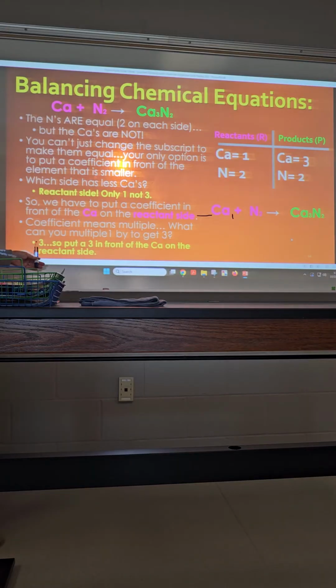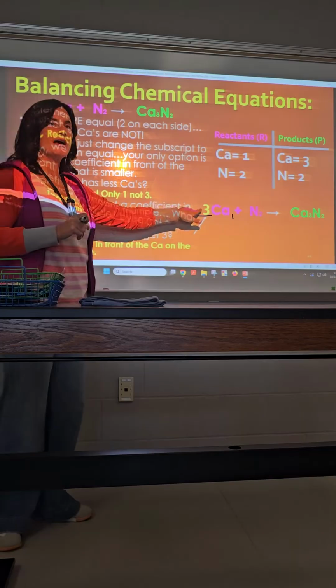So put a 3 in front of the calcium on the reactant side. Okay, so that's on slide 41. So you're doing this on your paper. Everything that I have, I think you have that equation. Yep. You have the equation kind of in the box. So make sure you put that 3 in there.